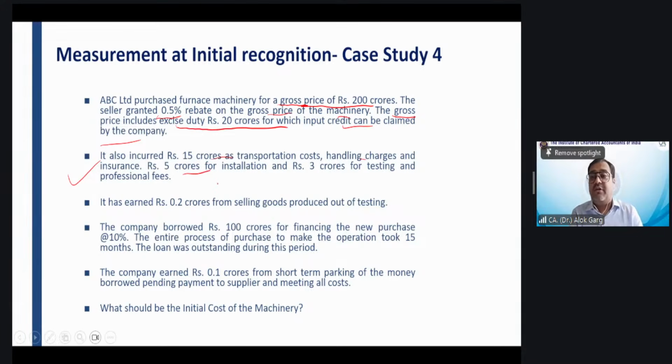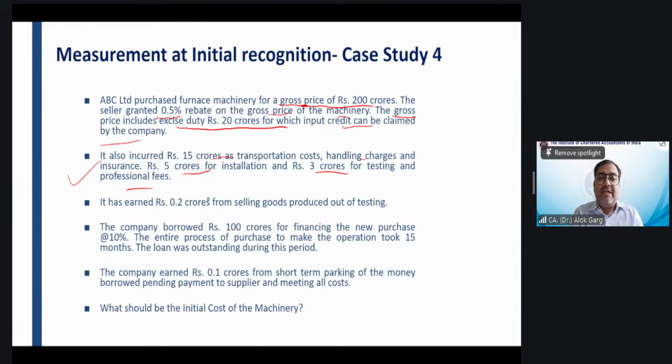If the machine is not installed, it will not be able to perform, right? And why is this installation cost happening? Because the machine has been purchased. And 3 crore rupees for testing and professional fee. What is the treatment of 15 plus 5 plus 3? It will be added as a directly attributable cost to the cost of the asset.